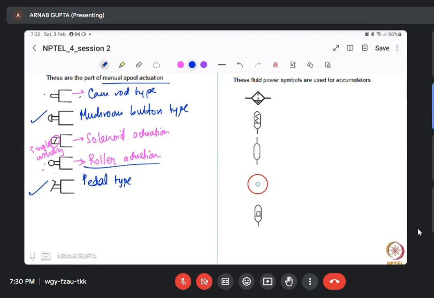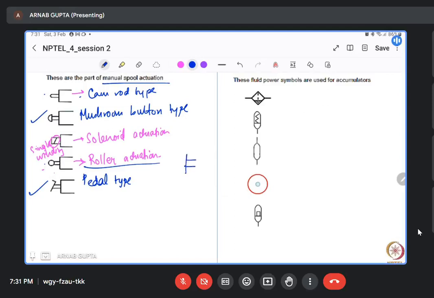Actually, it is not plunger. A plunger generally looks like this, but this looks like a cam. It is a cam rod type. Like you have a cam and you have a follower. So if this cam rotates, this follower will activate the switch and it will actuate.